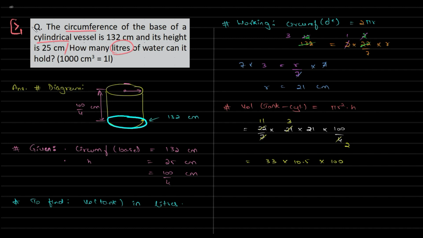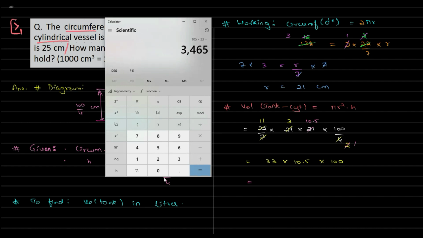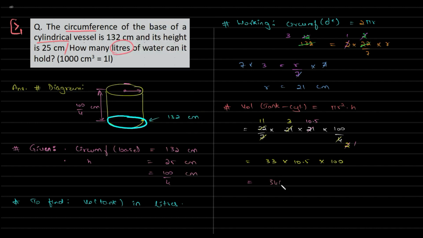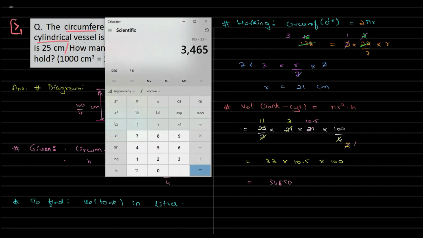How did I get 10.5? Because it's easier to divide 1 and this. And now it's just a matter of multiplying 33 into 1050. So 33 into 1050 is 34650. 34650 is your answer.